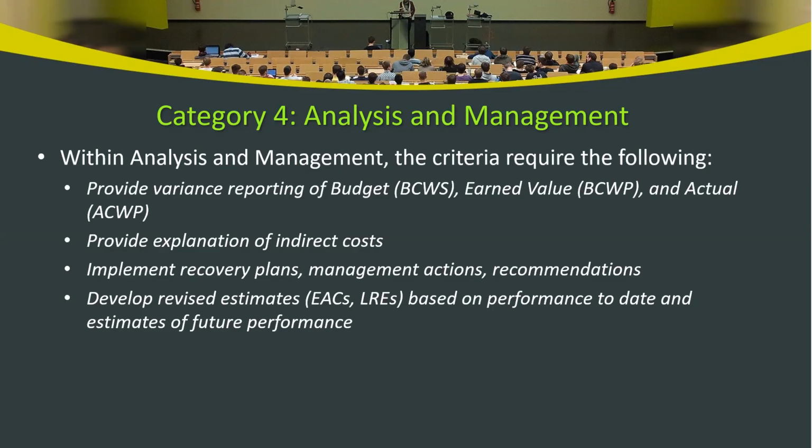The BCWP is the value of work actually performed, the budgeted cost of work performed, and actual cost incurred, that's ACWP, actual cost of work performed. So these are compared to identify any variances.